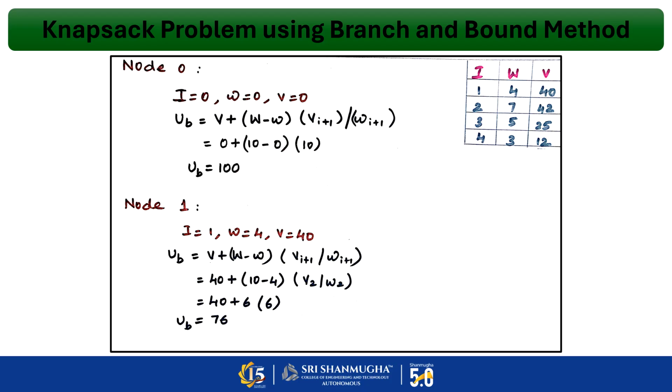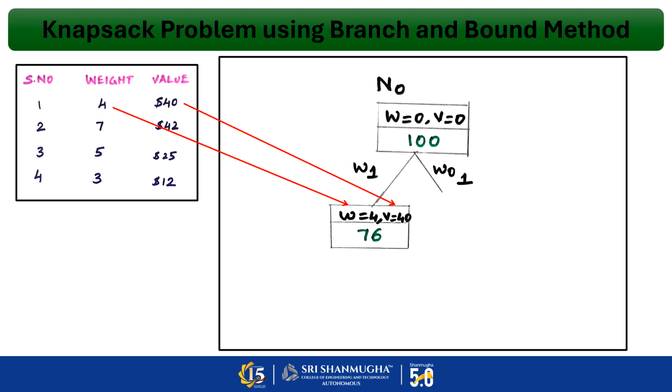So now using this value, we are going to construct the state space tree. So shall we update the value? Now this portion is very important. Please listen carefully. If you observe the question, the weight for the first item is 4.